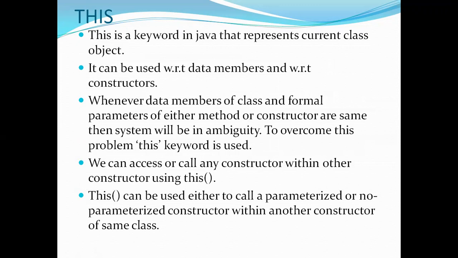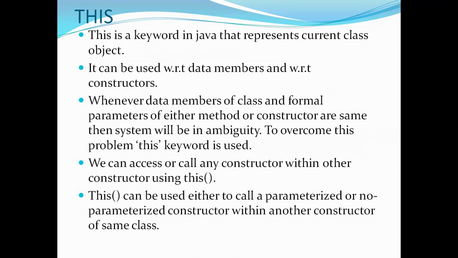Now, what is the this keyword with respect to data members? Whenever a data member of the class and the formal parameters of either the method or constructor are the same, then the system will be in ambiguity. To overcome this problem of ambiguity, the this keyword is used. Whenever any data member is referenced by the this keyword, it refers to the class variable or the data member of the class.